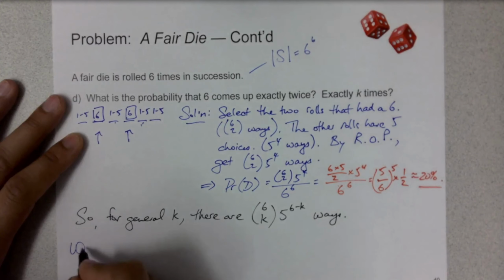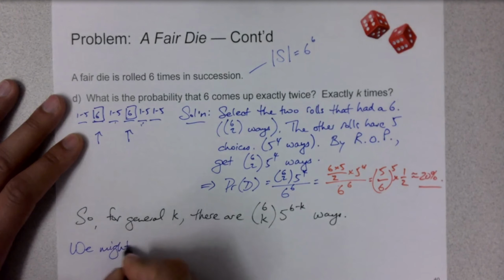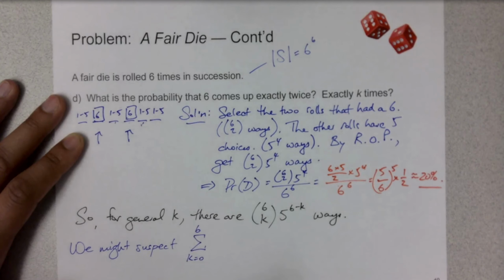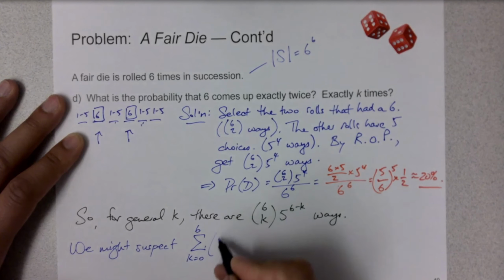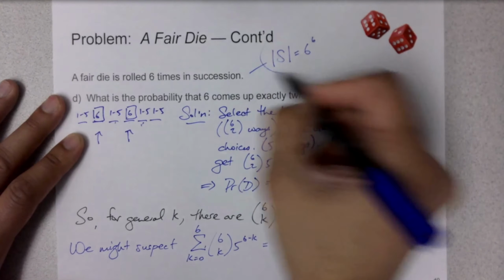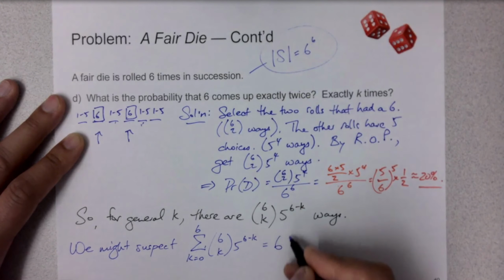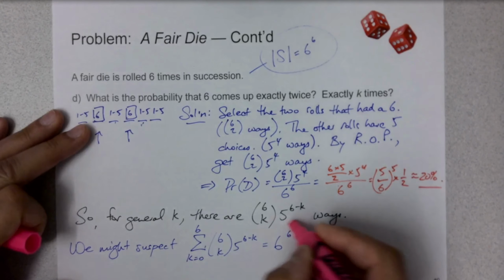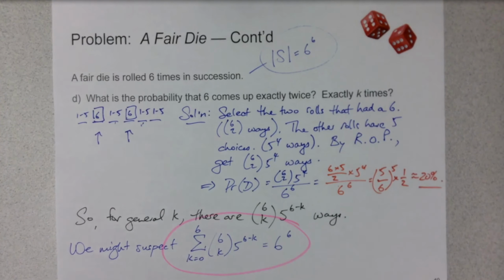And that is something you might suspect is a combinatorial proof. If we added everything from all possible k, from k equals 0 to 6, of this generalized thing, 6 choose k, 5 to the 6 minus k, this should total the sample space, which is 6 to the 6. Okay, so this is a combinatorial proof of this identity. But this identity has a common name.